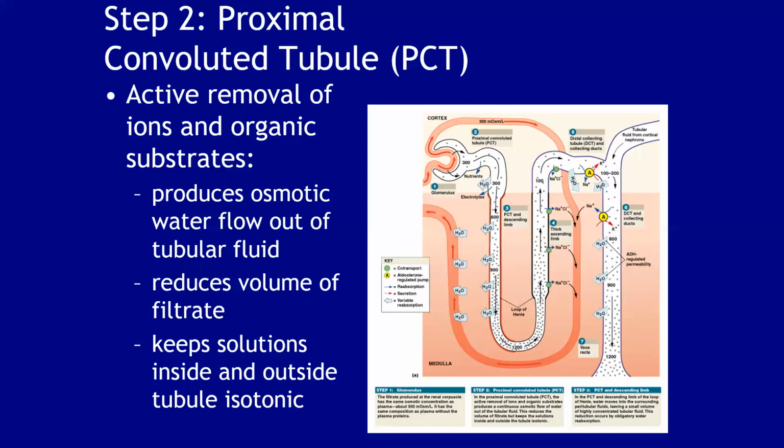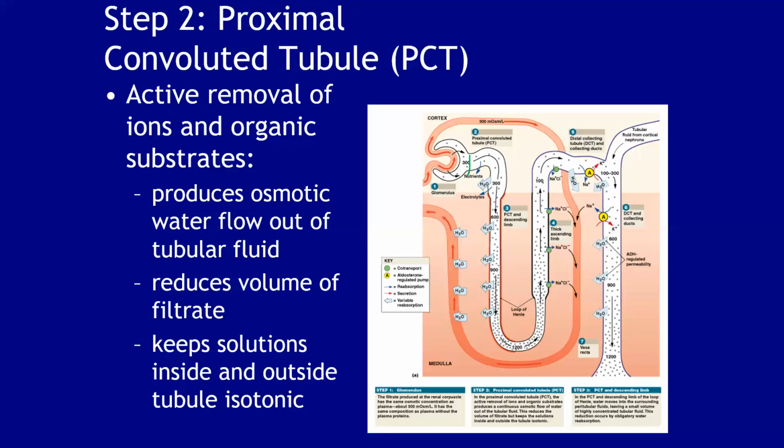We're not separating them out. Notice what it is at the junction of the proximal convoluted tubule and the renal corpuscle right here. It says 300.